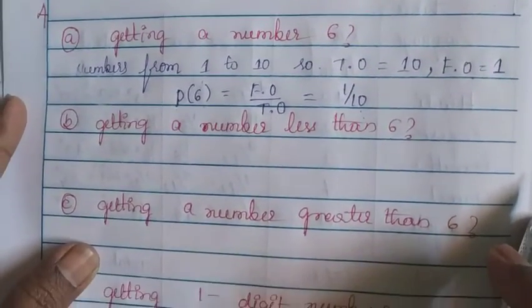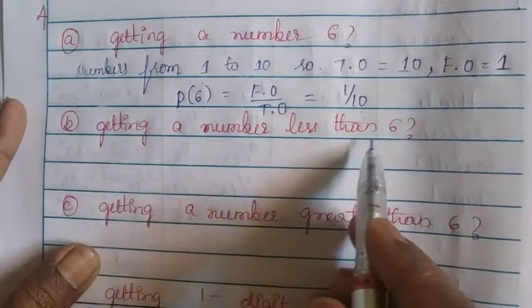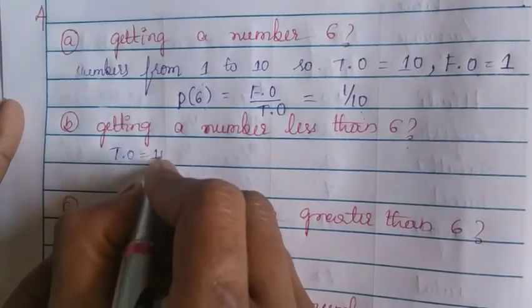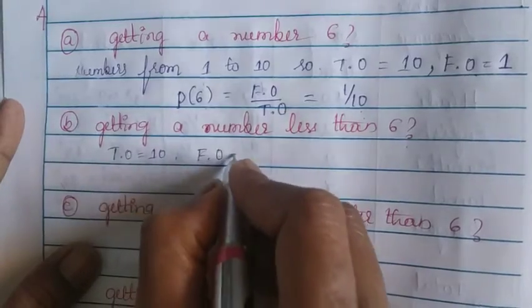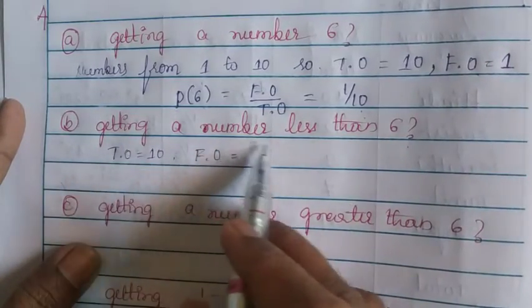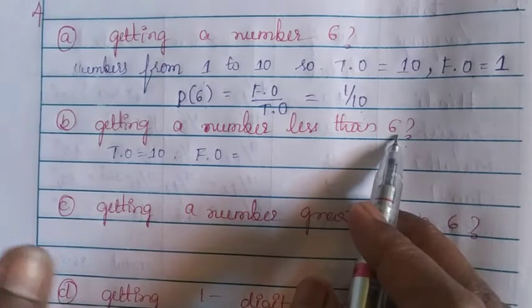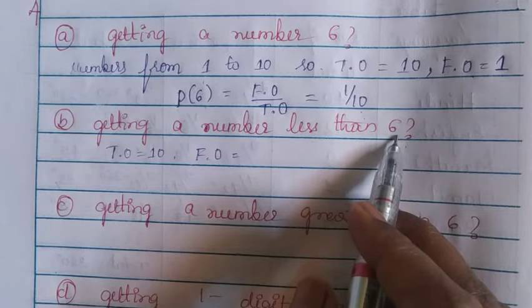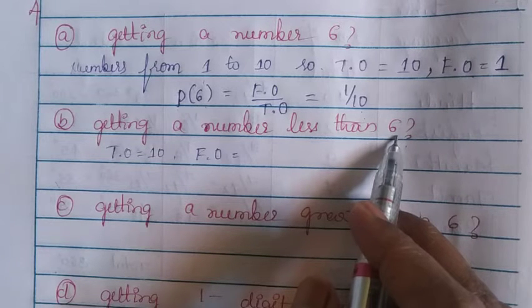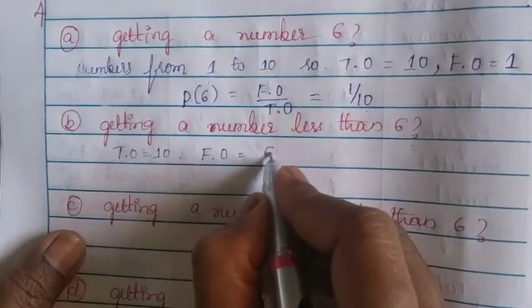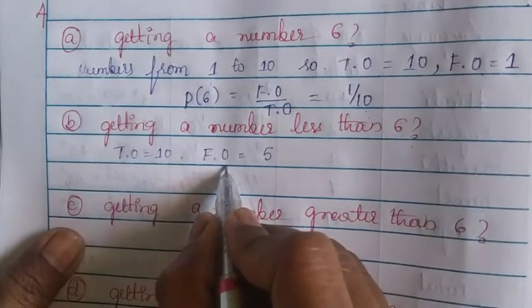Yes, the second sub question is getting a number less than 6. Total outcomes are 10 and here favorable outcomes are, what is it asking here? Less than 6. Yes, we leave this 6. Within 6, how many numbers are coming? Yes, 1, 2, 3, 4, 5. Here numbers less than 6 are 5. So those are taken as favorable outcomes.